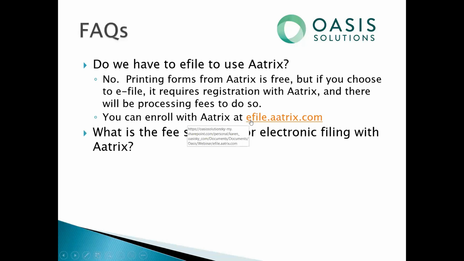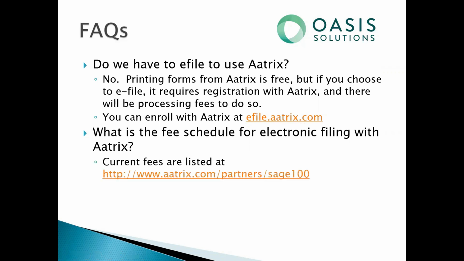You can, ahead of time, go to efile.atrix.com and set yourself up, or you can do it while you're processing the 1099s. And to get to the fee schedules at atrix.com/partner/sage100, you can get to the fees there to look at ahead of time.